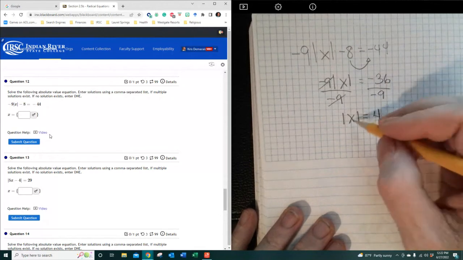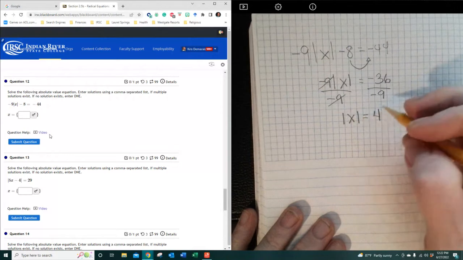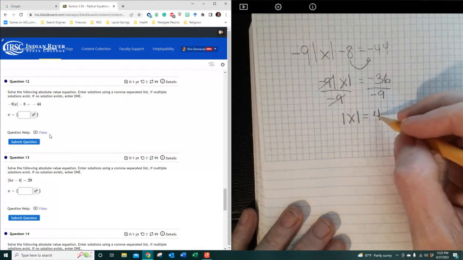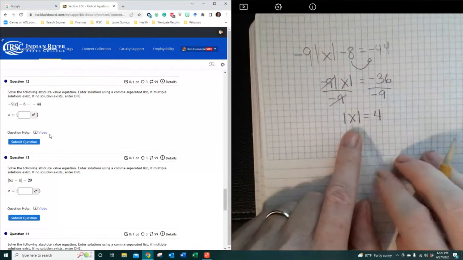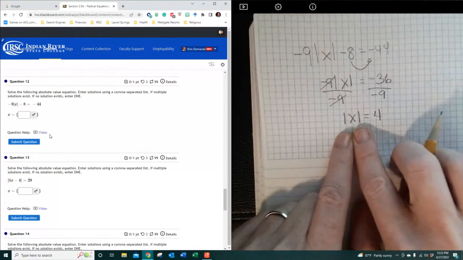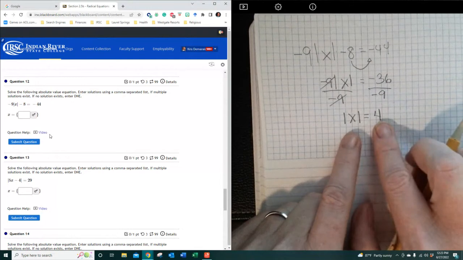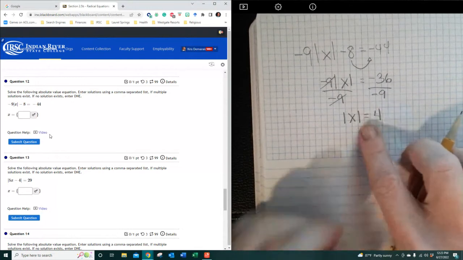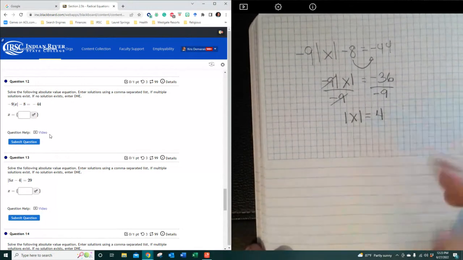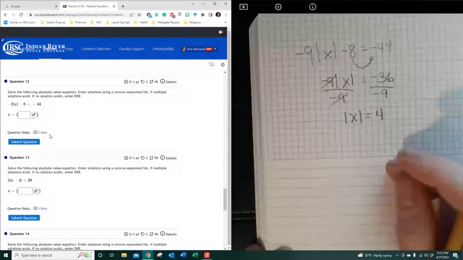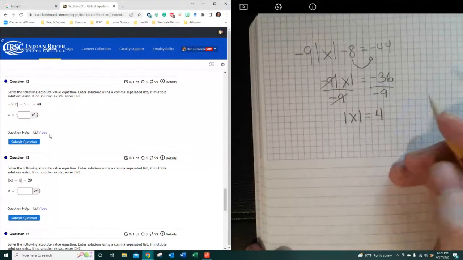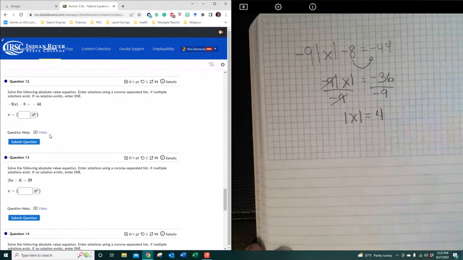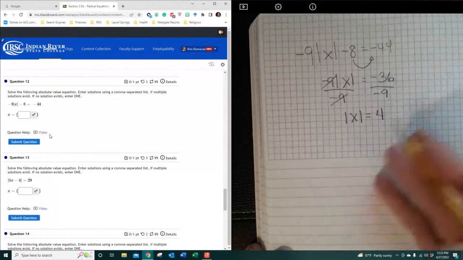So then you think, well, this is going to be plus or minus 4, because you take the opposite of this. Now, remember that the absolute value of anything is always going to be positive. So like the concept of radicals, you can't get a negative value outcome.